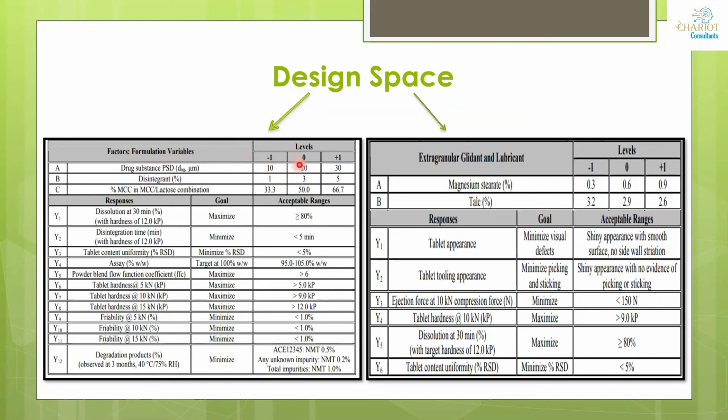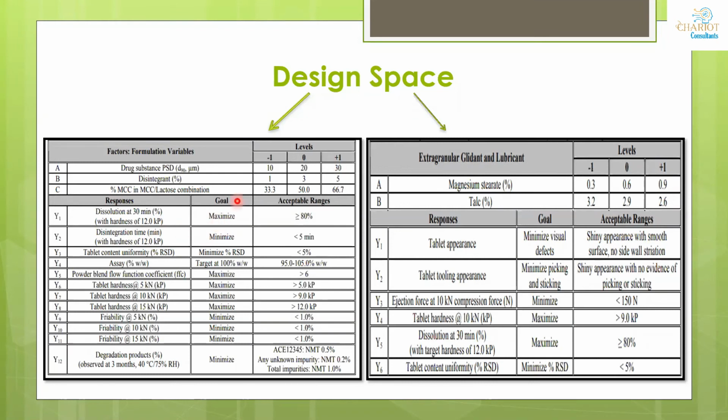So these are the set of variables you are using, these are the levels that we use in the software, and these are the responses that you will take. You will tell the software that these are my goals, and then you will perform these experiments in your lab, and whatever response you are getting, you need to put it in that software.